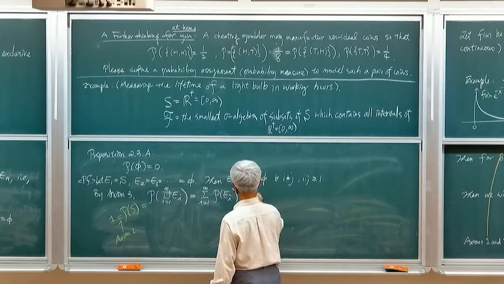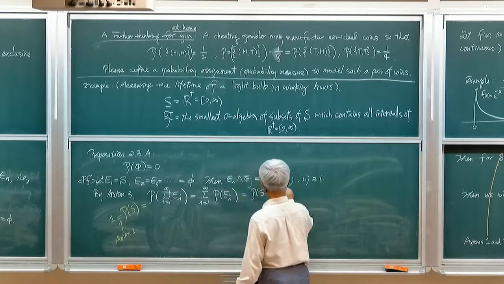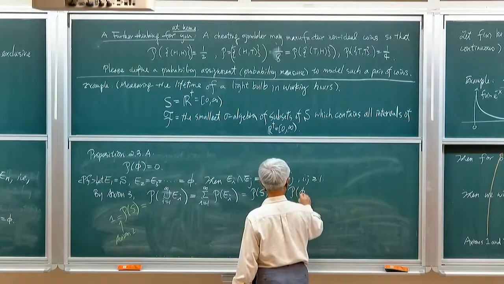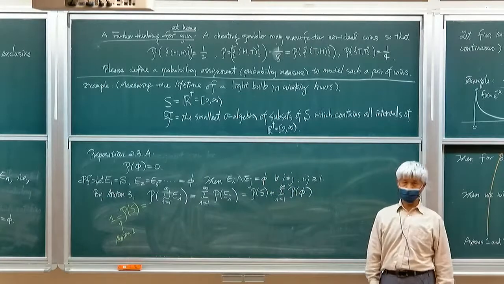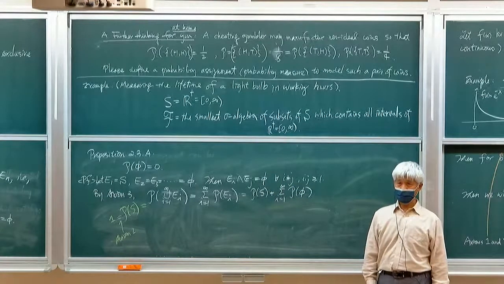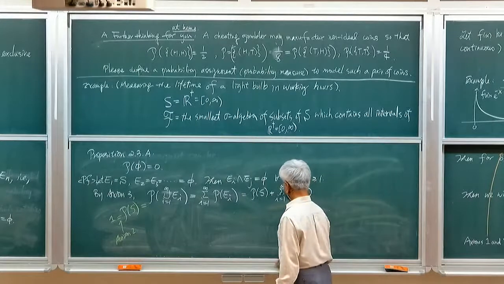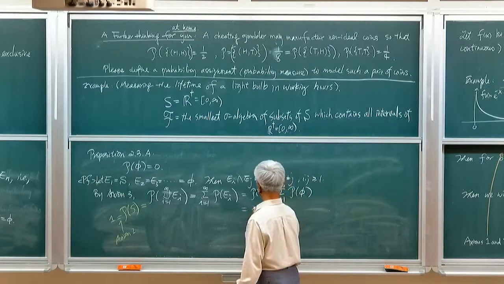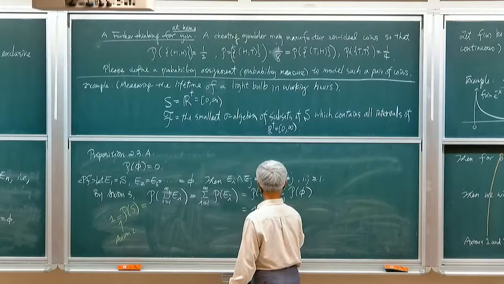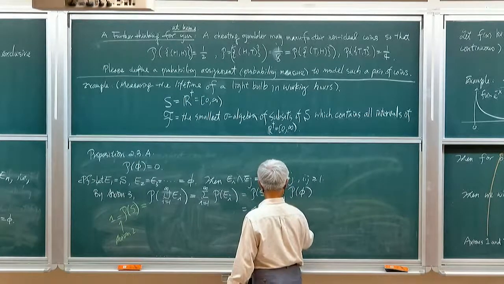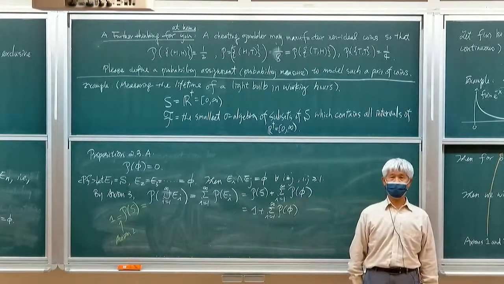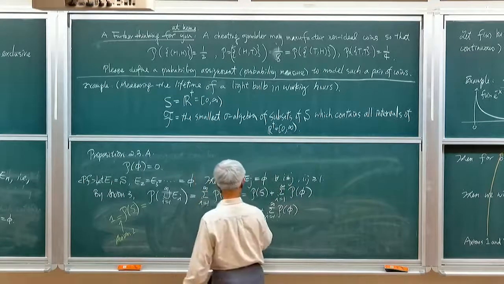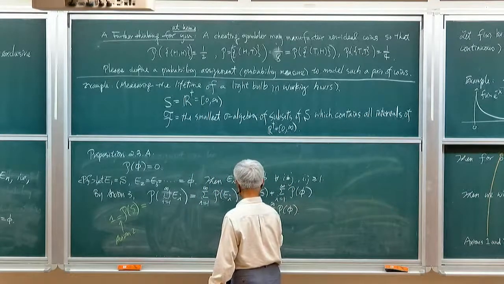And this is the probability of S plus the summation i from 1 to infinity of the probability of the empty set. So this is 1 plus the summation of the probability of the empty set, and this is axiom number 2.